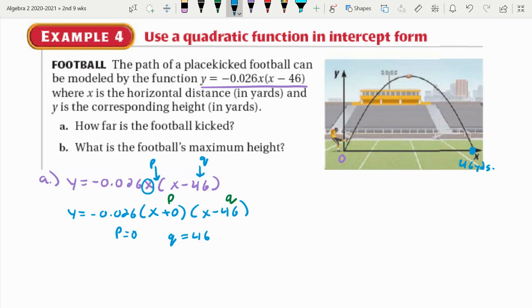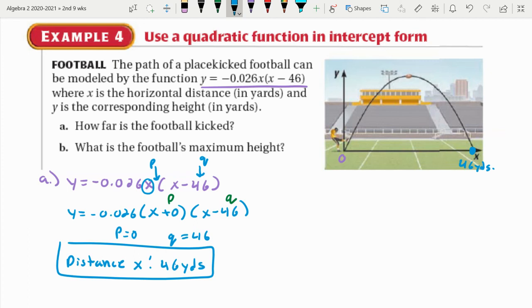All right, so it's saying how far is the ball kicked? Well, it was kicked 46 yards. So the distance in the x direction is 46 yards.